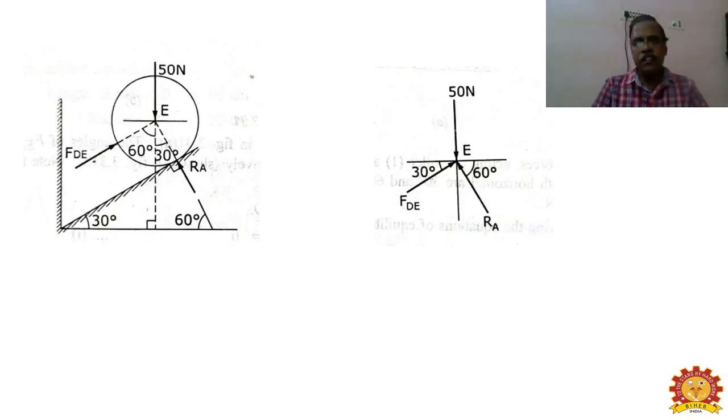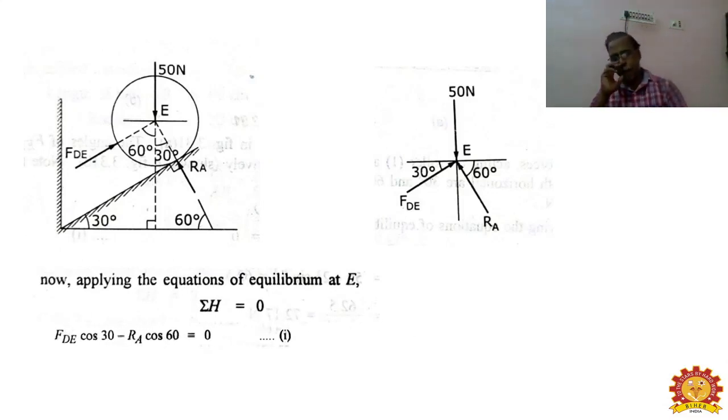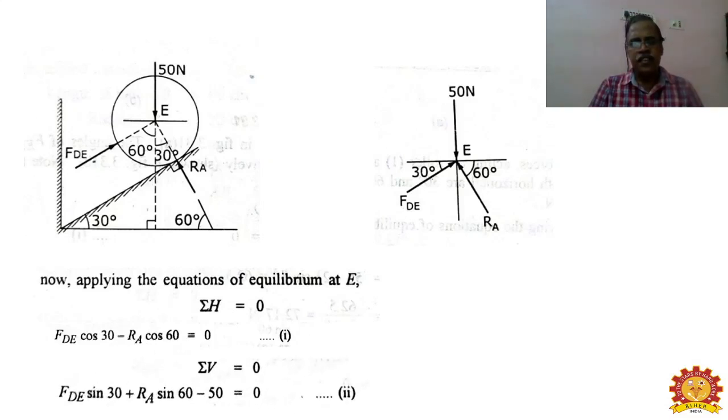Now taking horizontally sigma h, you will get, like what you're seeing on the screen, FDE cos 30 minus RA cos 60 is equal to 0. So that is one equation when you resolve it with respect to its horizontal values. Now if you take the vertical values, similarly FDE sin 30 plus RA sin 60 minus 50 is equal to 0.